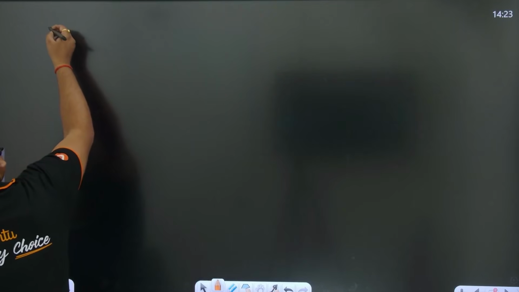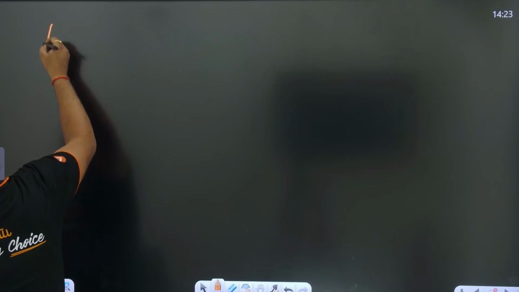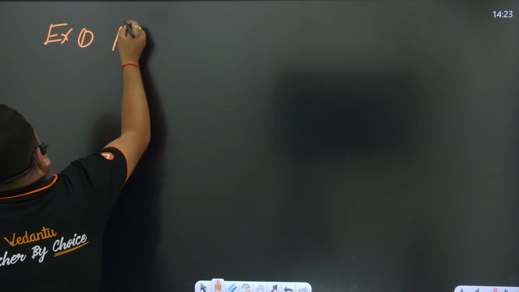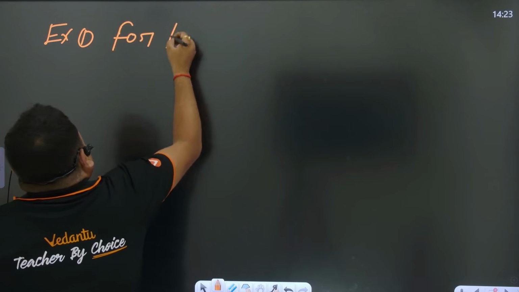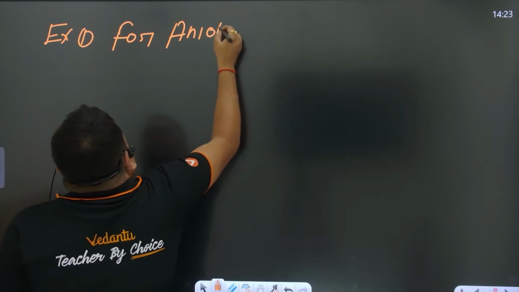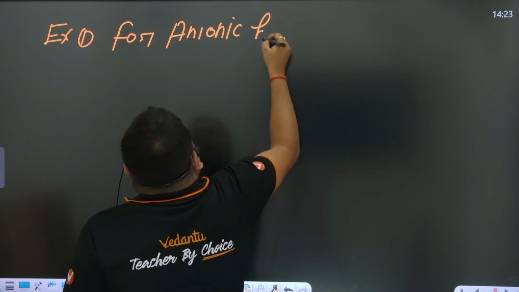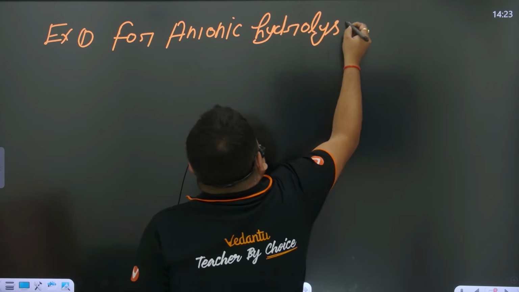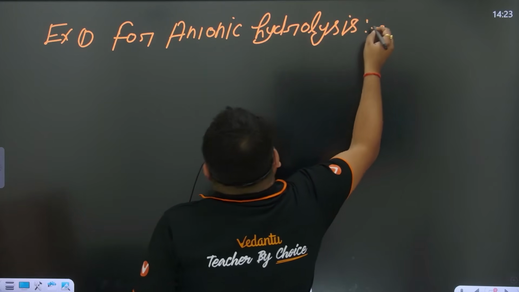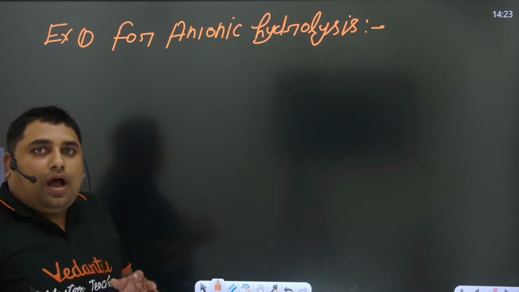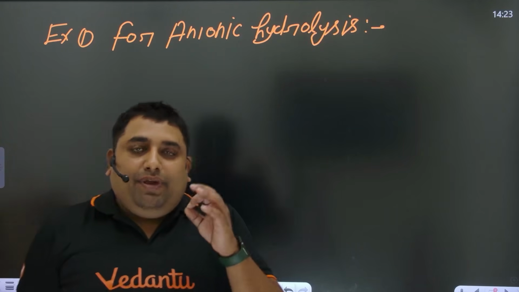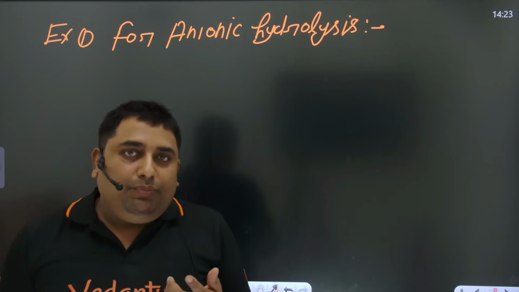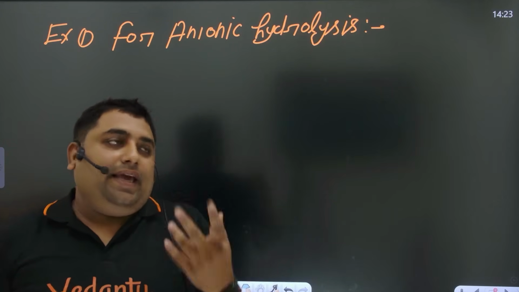For example, I'm assuming here anionic hydrolysis. For anionic hydrolysis, how to calculate pH value, pOH value, and Ka or Kb or h and Kh.